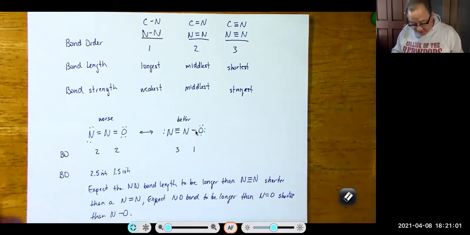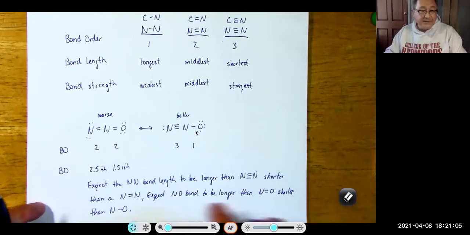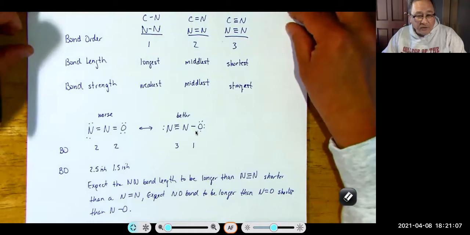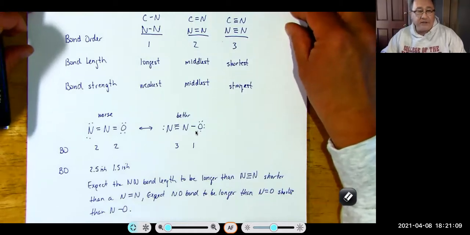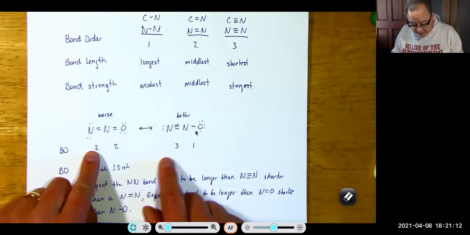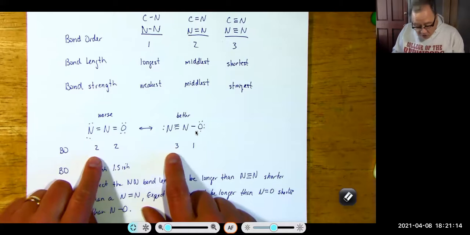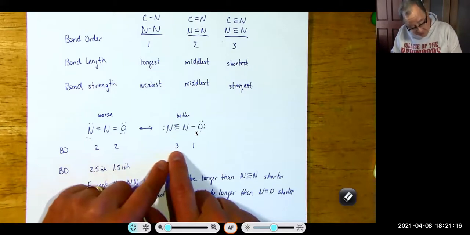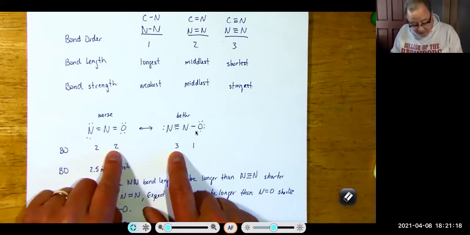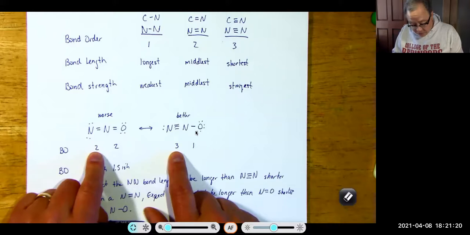But nonetheless, this is absolutely correct based on the numbers you see: the bond order tells you that it should be, in each case, a little bit longer than the 3, or here longer than the 2, and shorter than the 2 or shorter than the 1.